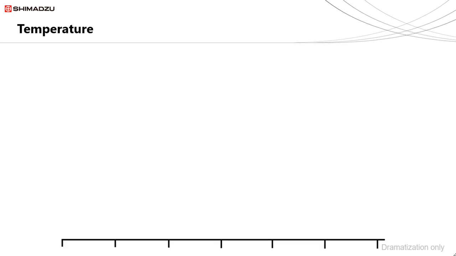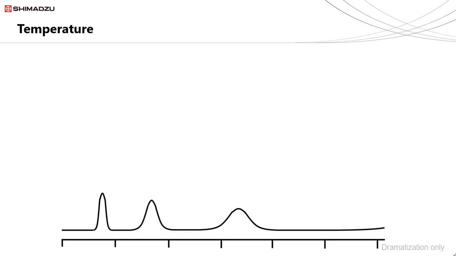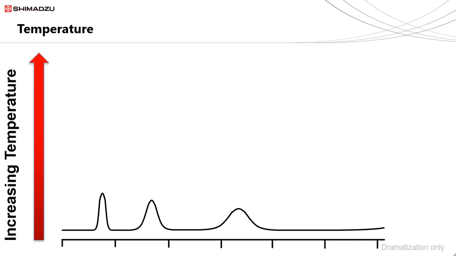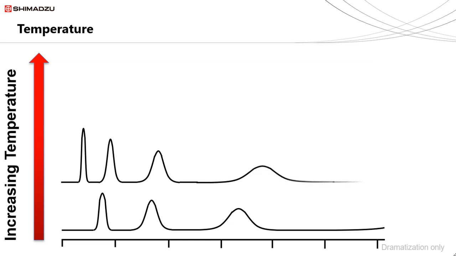Utilising the same timescale, we have our initial chromatogram. As we increase the temperature, the compounds will increase in their mobility and elute quicker. This increase in time travel will then lead to a decrease in the time that the first peak is seen.